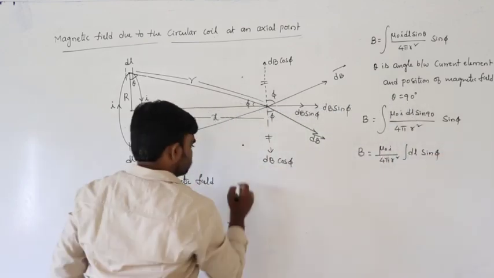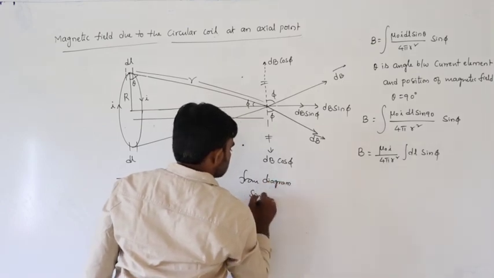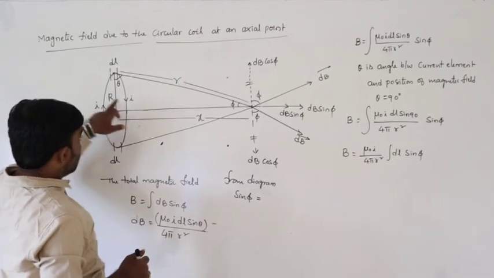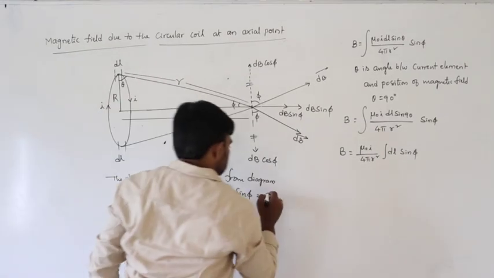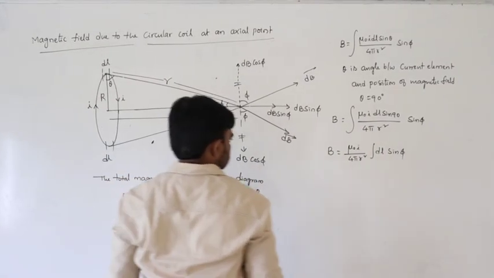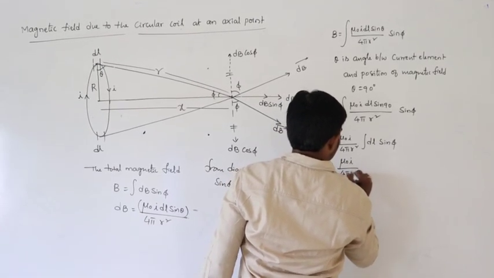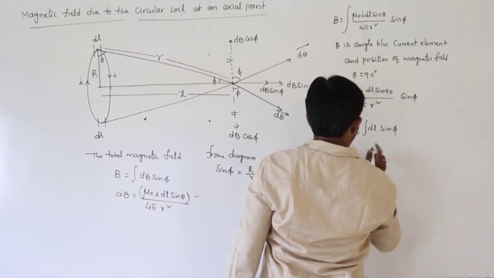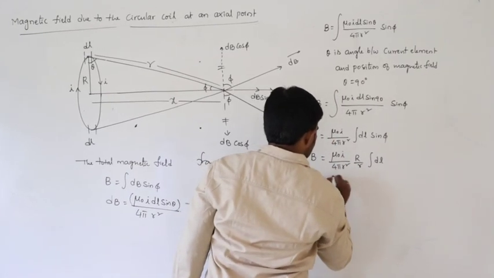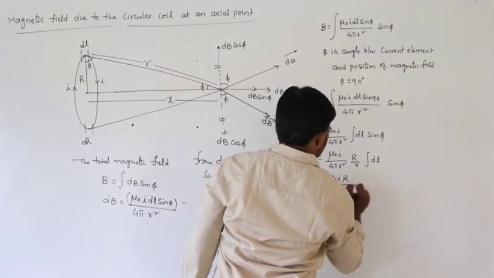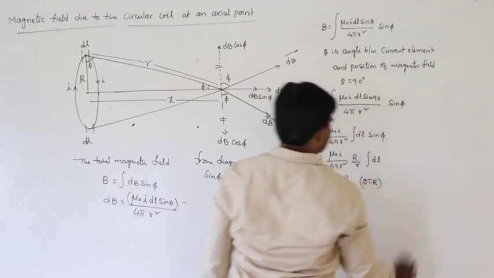But from this diagram, sin phi can be written as opposite side by hypotenuse, capital R by small r. So B is equal to mu naught I by 4 pi r square sin phi, capital R by small r, integral of dl. So B is equal to mu naught I R divided by 4 pi r cube, integral of dl.